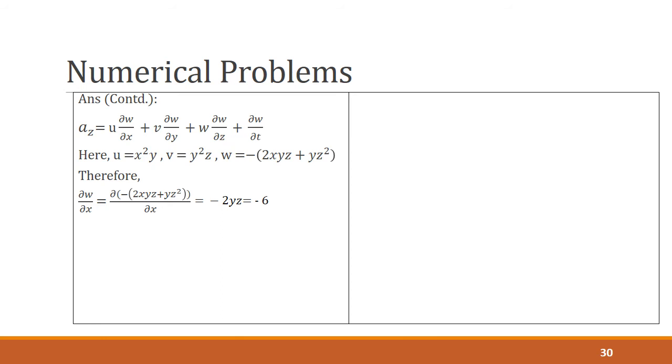Since the coordinates 2, 1, 3 are known, we can find out the value of dou w by dou x at that particular point, which is minus 2 into 1 into 3, which is minus 6. This will help us to reduce the amount of polynomial multiplication we have to do at the end.